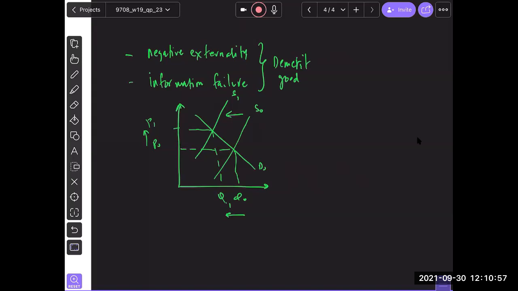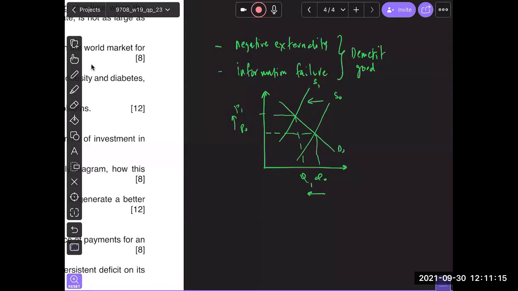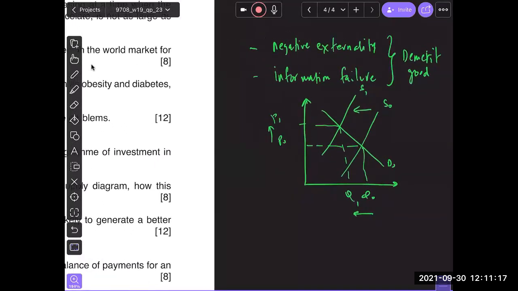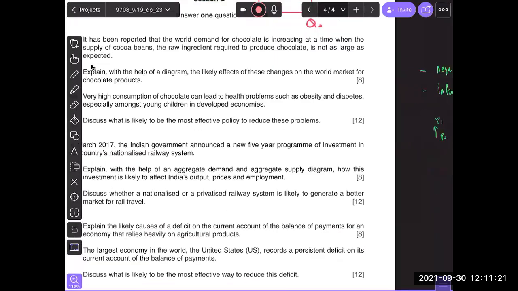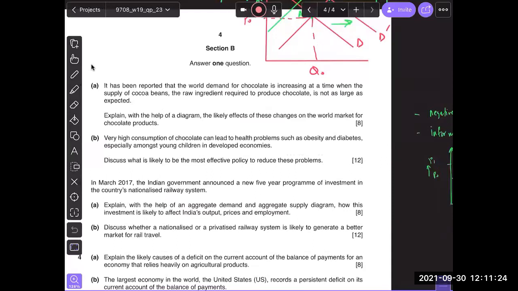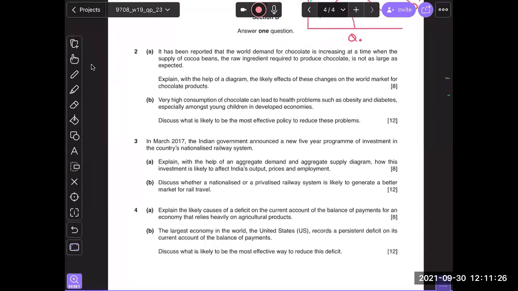Now, evaluation is also required. So we need to compare, because it's a demerit good. Probably one could argue that what is better is to use a policy like information dissemination rather than taxes, because taxes have their own set of issues, such as being regressive, being inflationary, and so on.